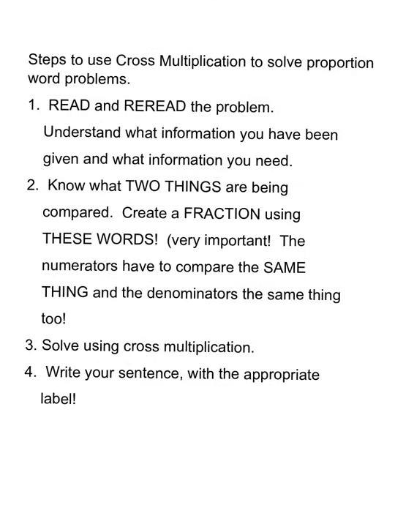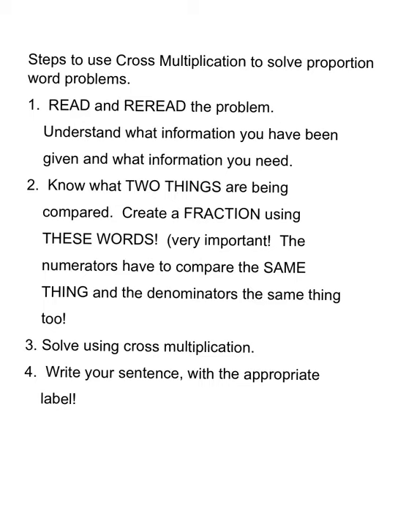Okay, steps. As with any word problem, read it, reread it, understand what information you've been given and what information you need. If you need to, write down what you've been given and write down what you need to find. Step 2, know what two things are being compared. Write a fraction using the words.